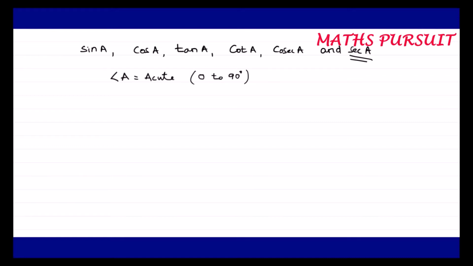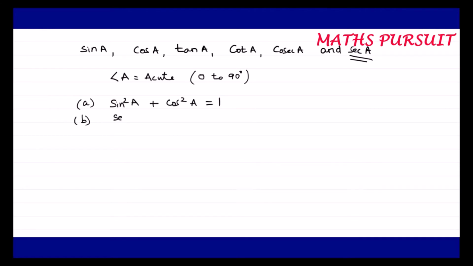Now let us move ahead and see what we are going to do. So guys, there are some important identities of trigonometric ratios. We know that sin square A plus cos square A is equal to 1.